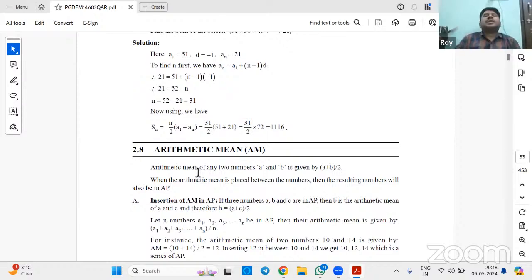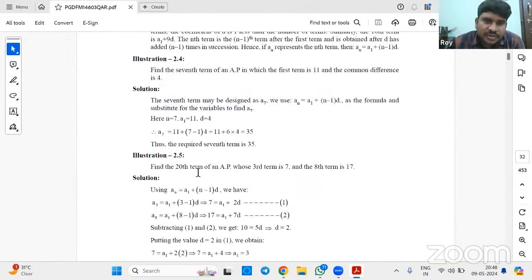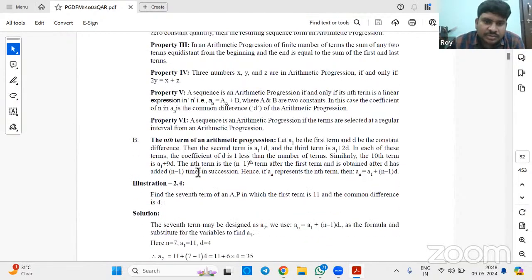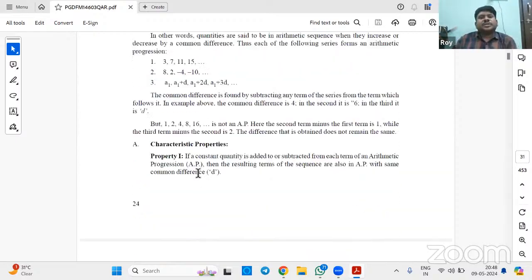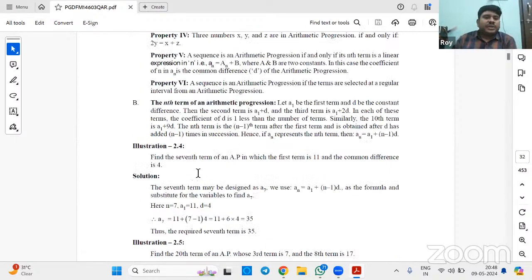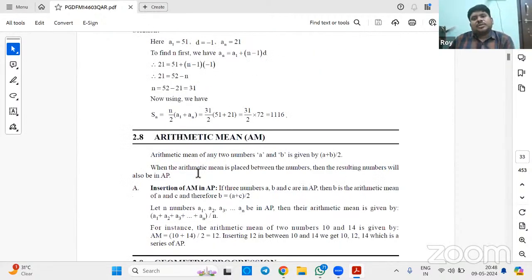Now, what is arithmetic mean? We understood arithmetic progression, and second, we understood the arithmetic series. Based on these two, now AM, arithmetic mean.